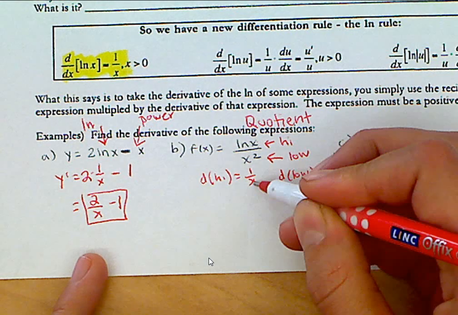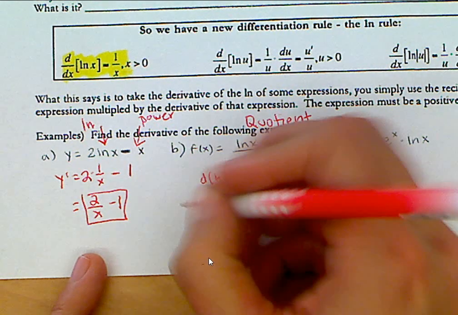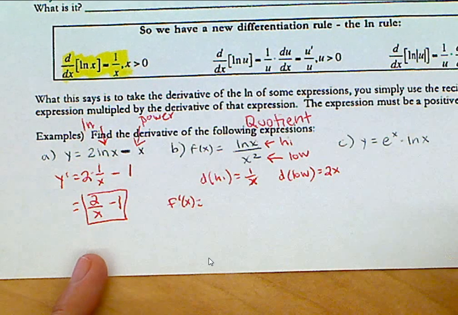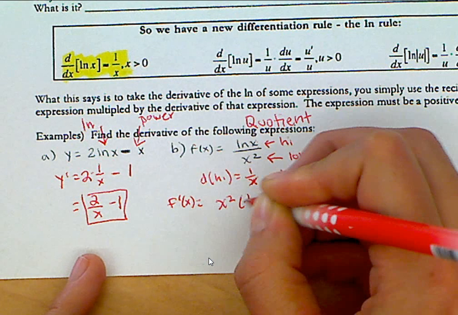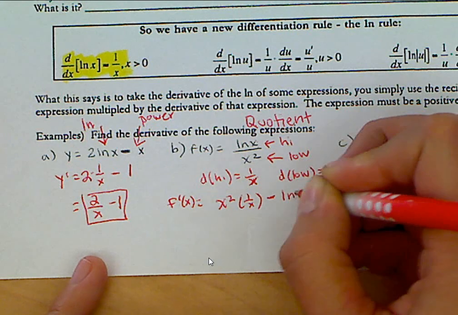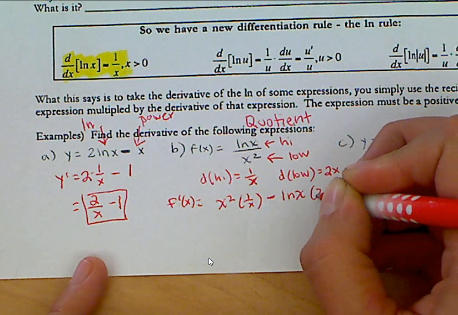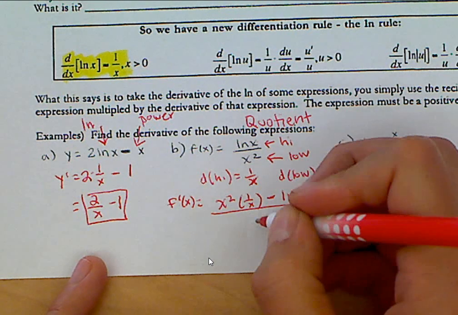Once I have all those things, I will sing my song. So the derivative f prime of x will equal low d high, that's low d high, minus high d low, so d low is 2x, over the square of what's below.